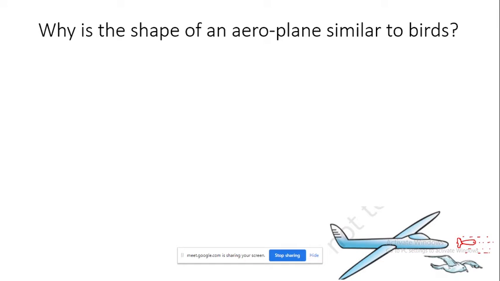Okay, we have just now learned that there is some friction in fluids, that is, there is friction in air also. So since air is a fluid, and aeroplane, bird or a fish, they are moving, right? Okay, let's take the situation of fishes.